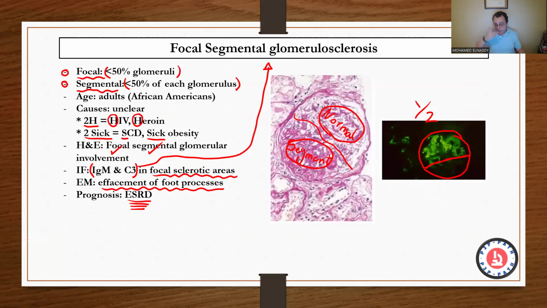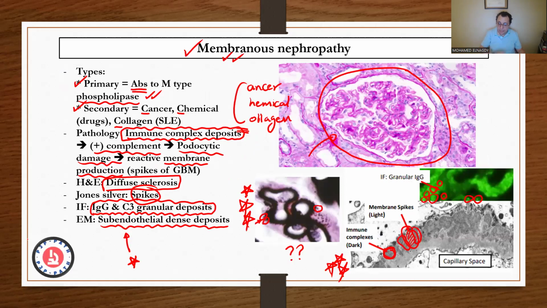And focal segmental, half of the glomerulus is lighting up by immunofluorescence. It's IgM deposits, remember that, and it's associated with the 2 H's and 2 S's: HIV, heroin, and sickle cell, sick obesity. It usually progresses to end-stage renal disease and is associated with effacement of foot processes under electron microscopy.